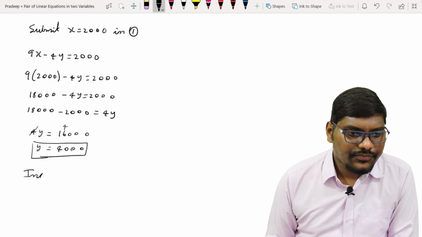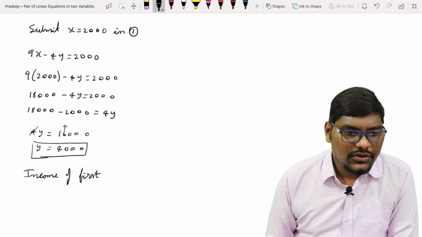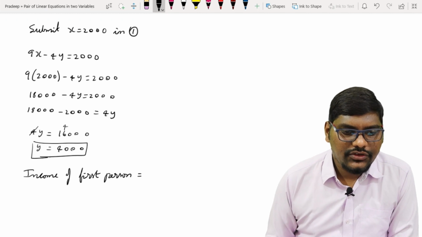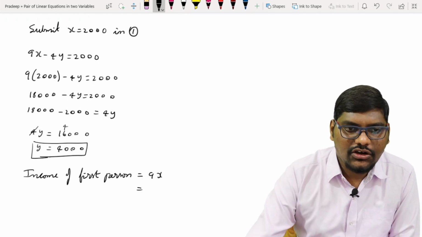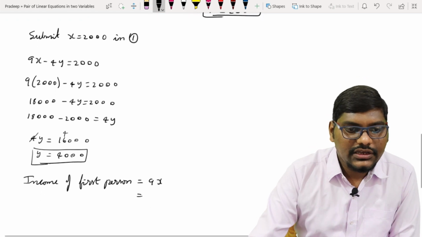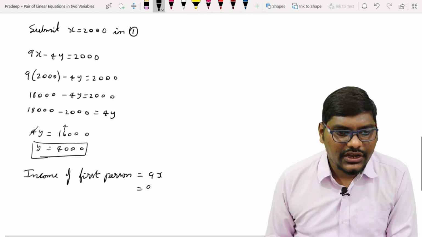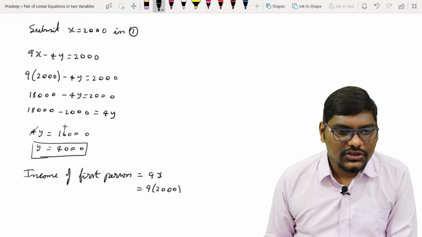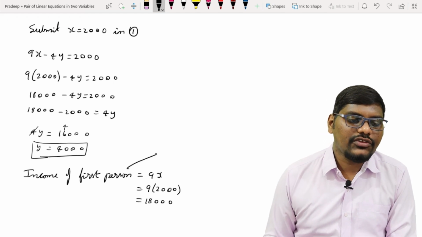Income of first person, we wrote it as 9x. So in the place of x we can simply write how much we got, we got 2000, we'll substitute over here. So I can write 9 into 2000. So 9 2s are 18,000, which is the first person's income.